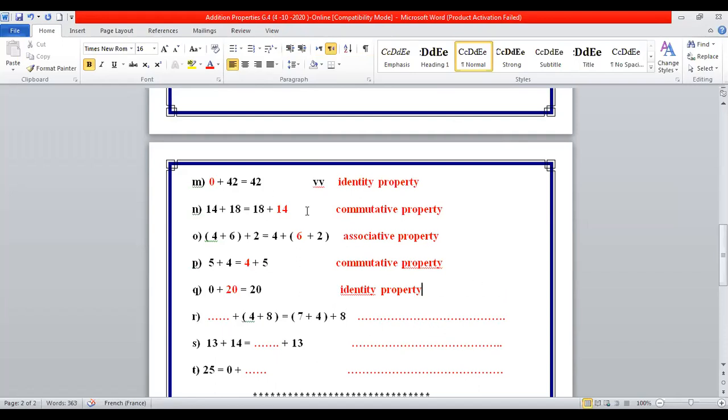R. Me. Basil. Okay. Yes, Basil. 8. One minute. Compare between the two sides. You will find the missing number.